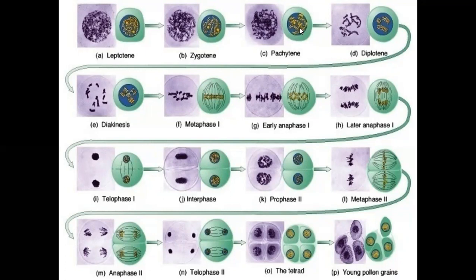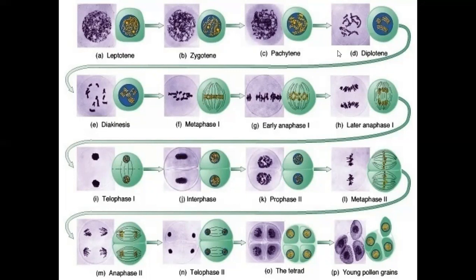After the pachytene stage, the chromosomes enter the diplotene stage. In the diplotene stage, the tetraploid chromosomes are closely arranged at the centromere with arms-like structures also.